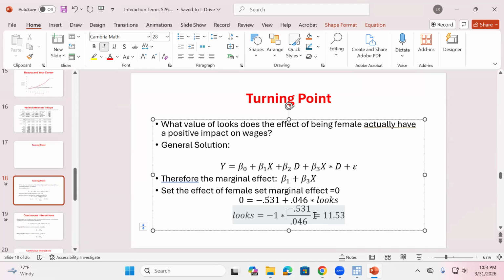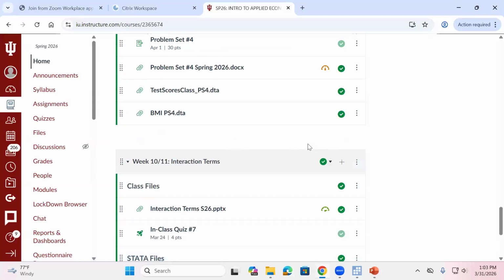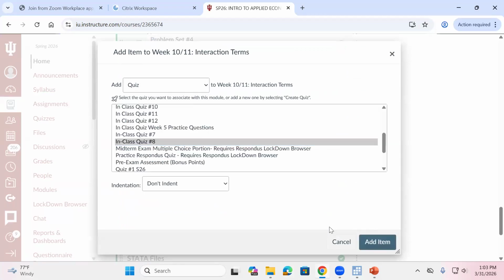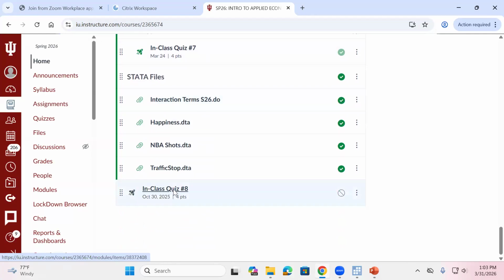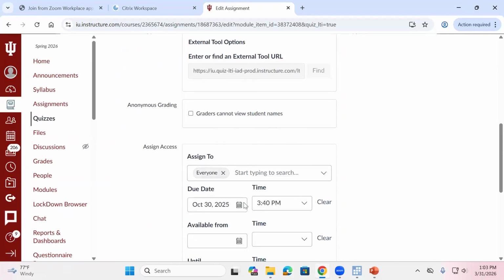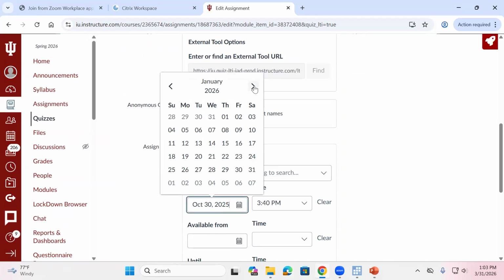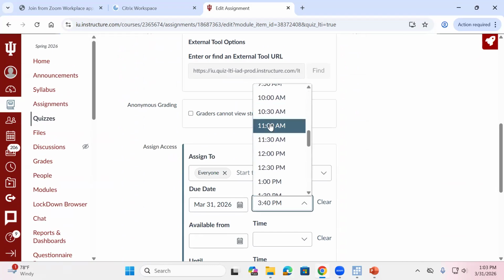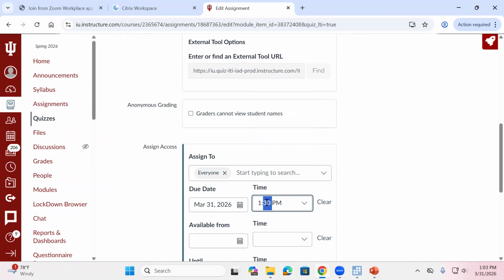So this is where I want to get us some practice. Oh, and I forgot to add this. Let's go ahead and add this real quick. I have it sitting here, ready to go. I'll remind myself of the code I use. We've got some old quiz that I'm reusing. Today is the 31st. We'll spend some time on this, and I'll have you help me reason through some of it.